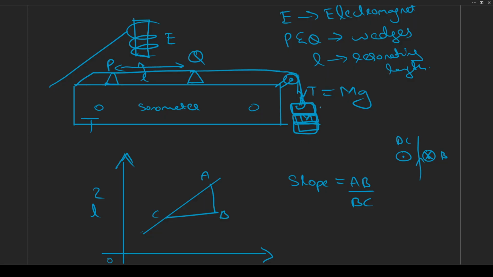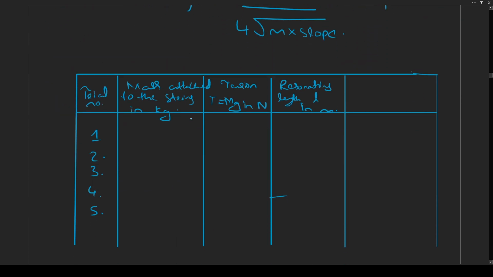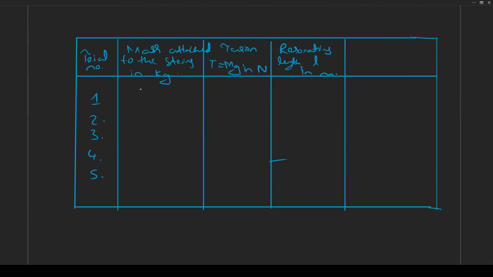It can be 1 kg, 2 kg, 3 kg, and so on. Normally it is more appropriate to take 0.5 kg, 1 kg, 1.5 kg, 2 kg, 2.5 kg, and so on. And tension, we just multiply this by 9.8 and we'll get some tension here.